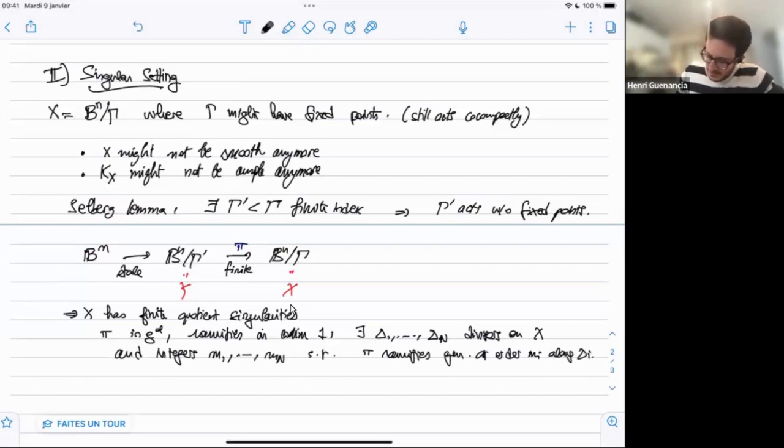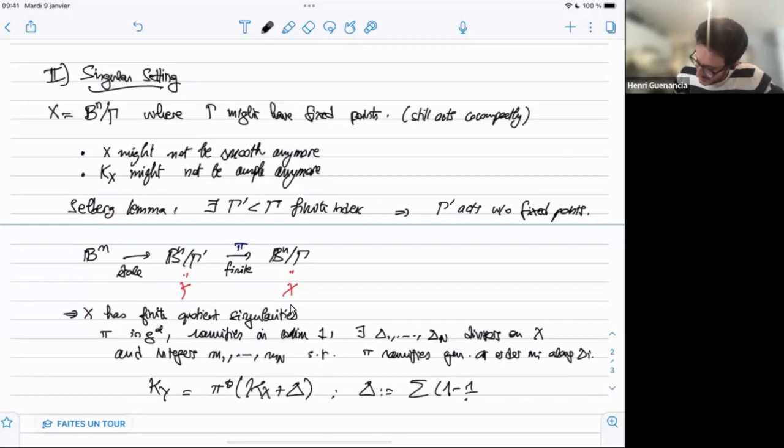And if you write the canonical bundle formula, that just means that the pullback, KY is the pullback not of KX anymore, but of KX plus this divisor delta given by the sum of the delta i weighted by the multiplicities, 1 minus 1 over mi, delta i. Okay, so this is very classical.